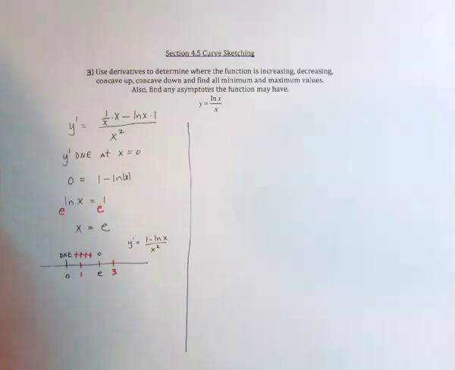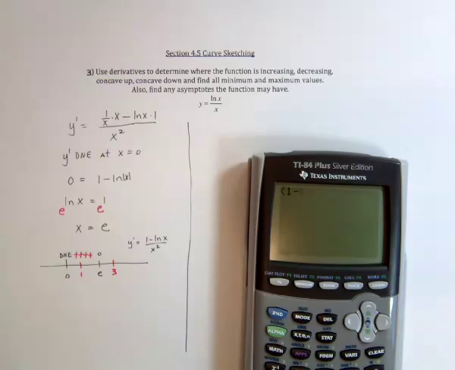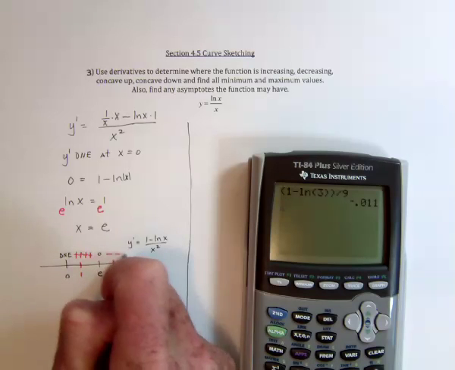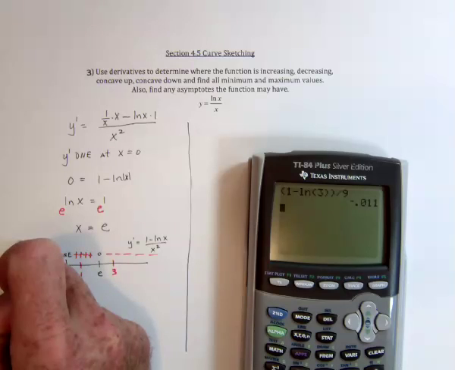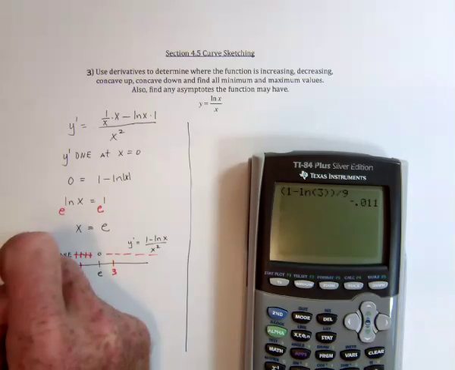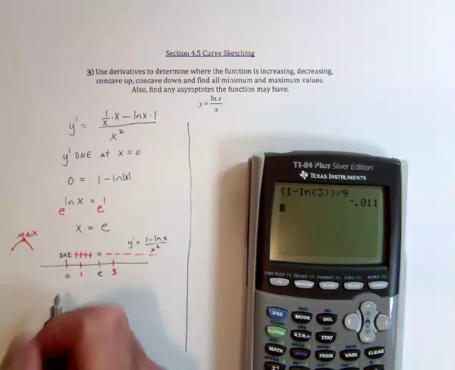So we would need 1 minus the natural log of 3 gets divided by 3 squared. It's negative. So on this side, it's going down. So it was going up and then going down. So we've got a maximum. So right here, there's a maximum.